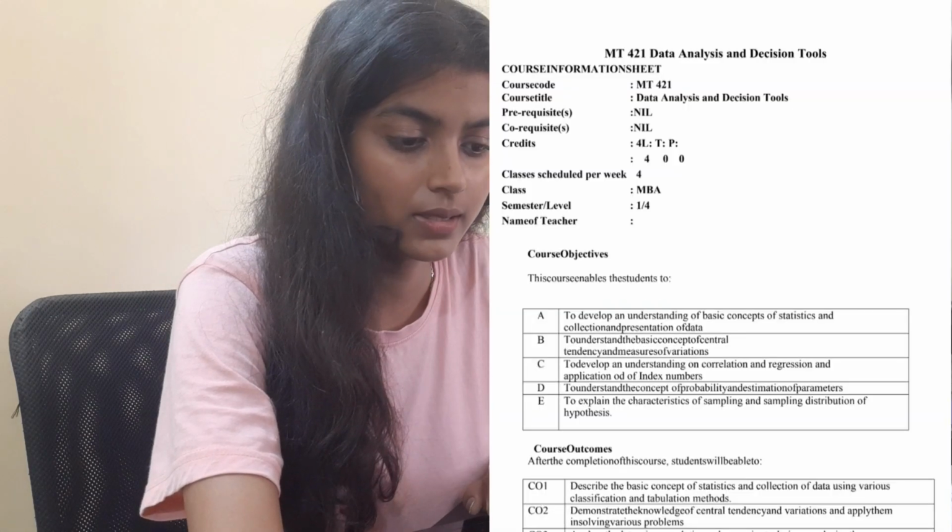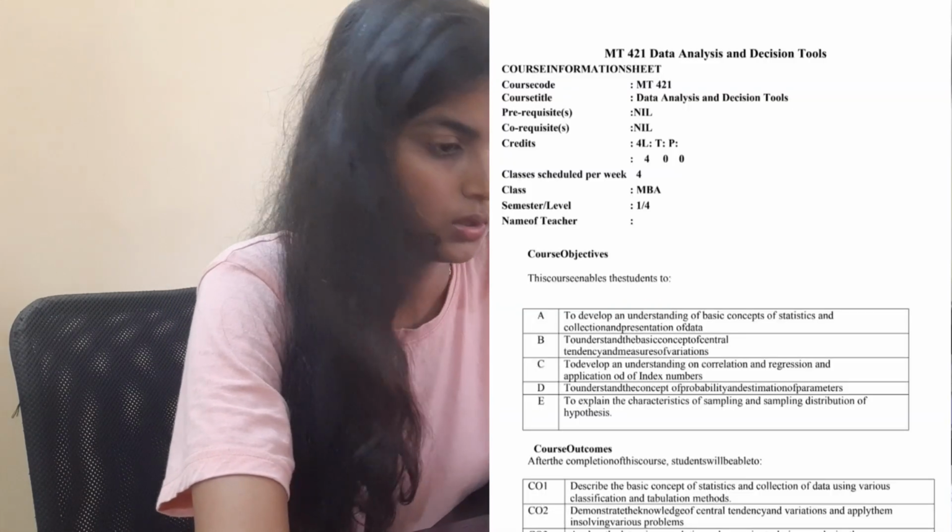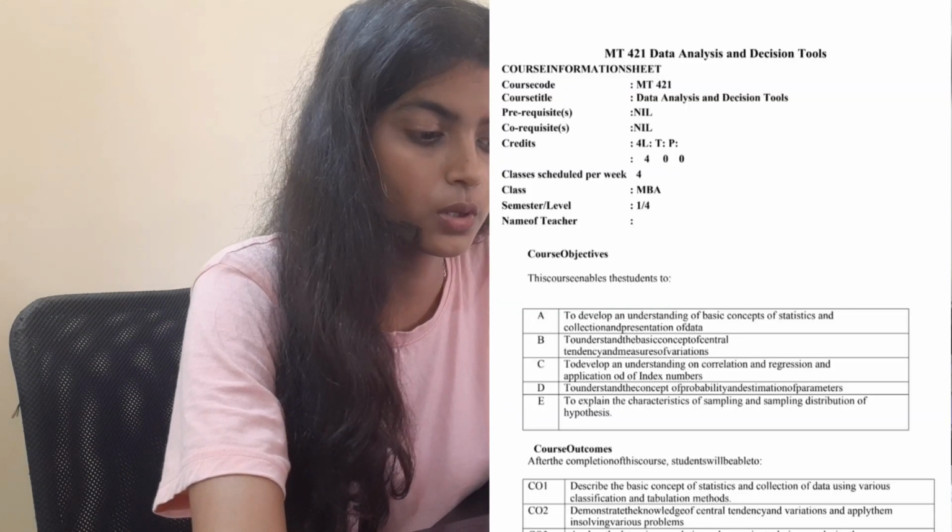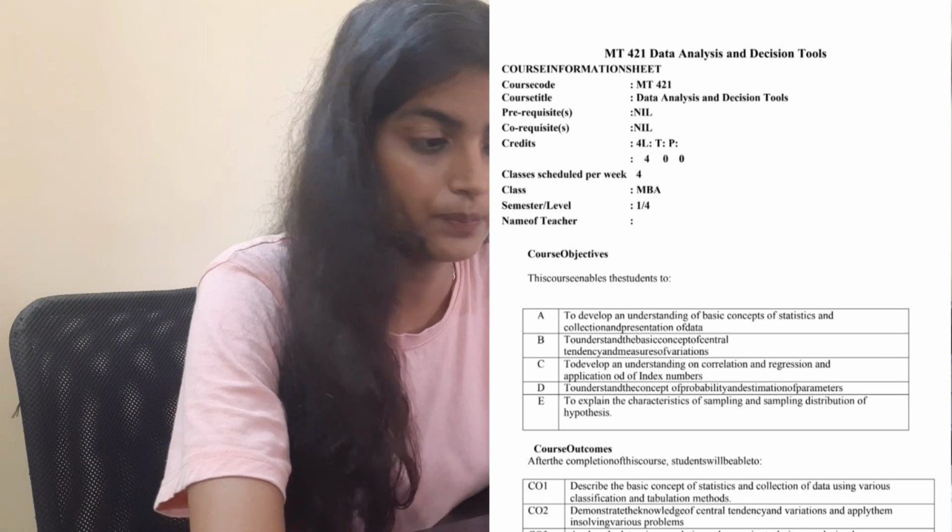Now moving towards the next subject, that is data analysis and decision tools. So the first module is introduction, in which statistics, getting started with probability, random variables, probability density functions, mass functions, pairs of random variables, and joint density functions, random vectors.